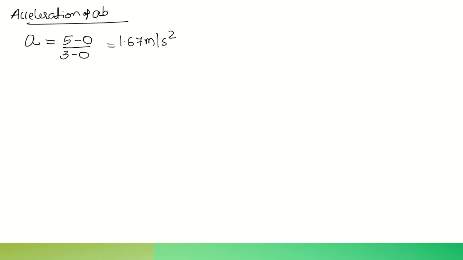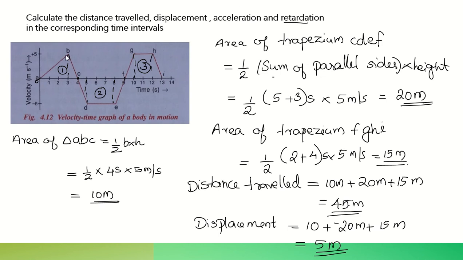I will explain once again. We have the curve AB, right? So acceleration is calculated by taking the slope of the graph AB. So slope is final minus initial on the y-axis divided by final minus initial on the x-axis. So 5 minus 0 by 3 minus 0 because B corresponds to 3 seconds.